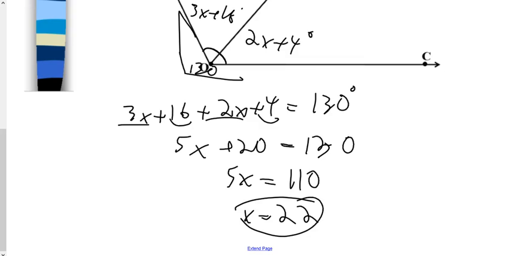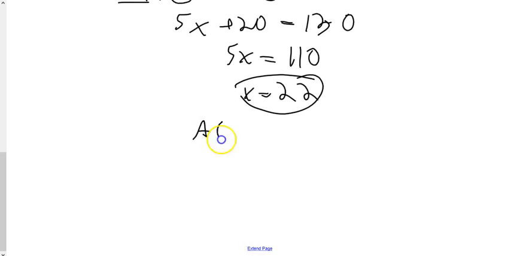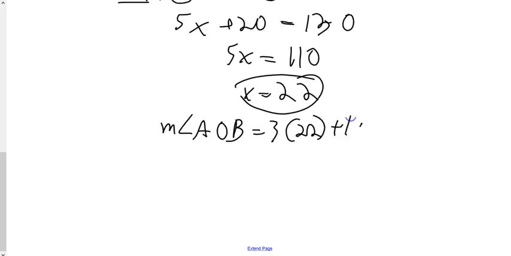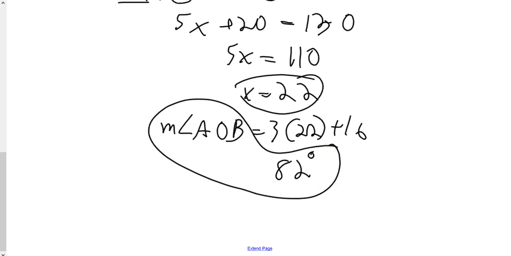And now I have to do AOB is equal to 3 times 22 plus 16. So that's 66 plus 16, which is 82 degrees. And that's my second answer. Always go back and look and see what it's asking for.